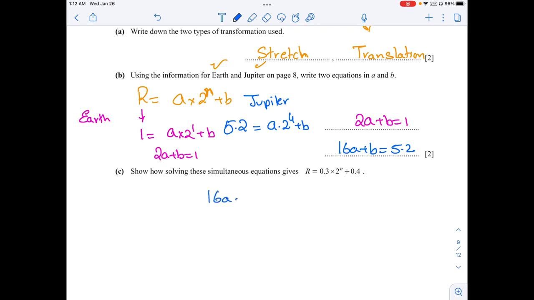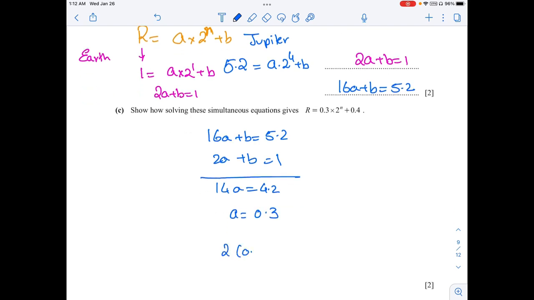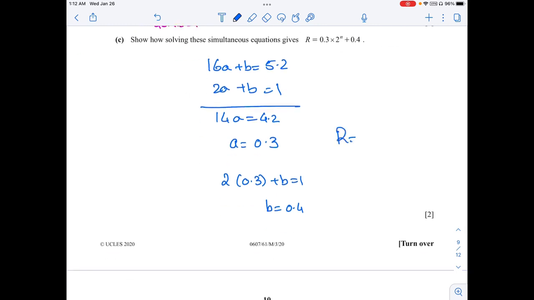So 16a plus b equals 5.2, and 2a plus b equals 1. Subtract: 14a equals 4.2. So a is equal to 0.3. Plug in the a value: 2 times 0.3 plus b equals 1. So b is equal to 0.4. So the equation becomes r equal to 0.3 times 2 to the power n plus 0.4.